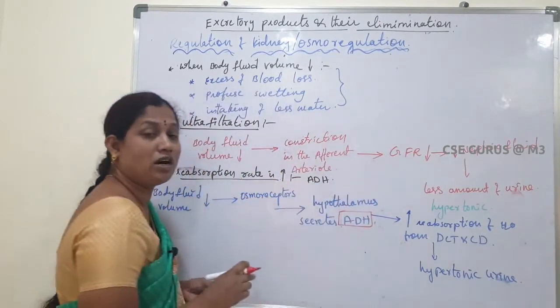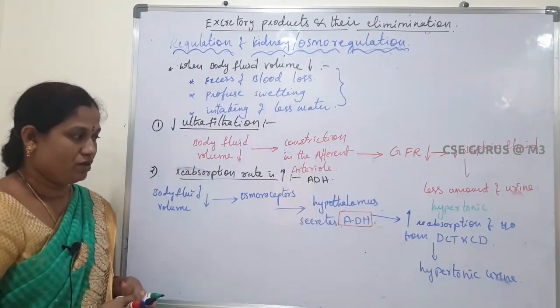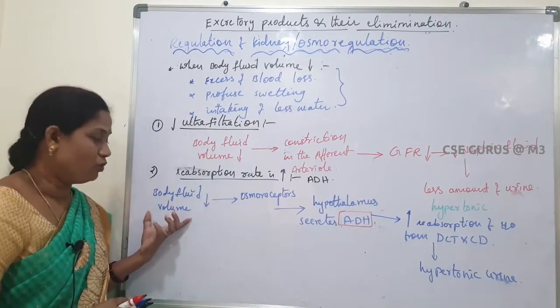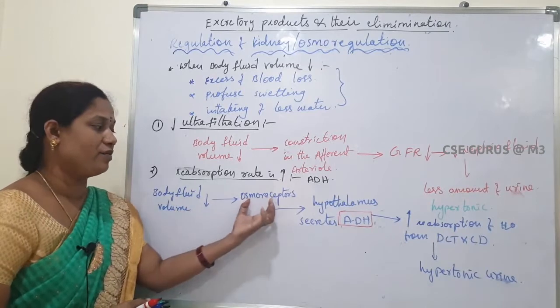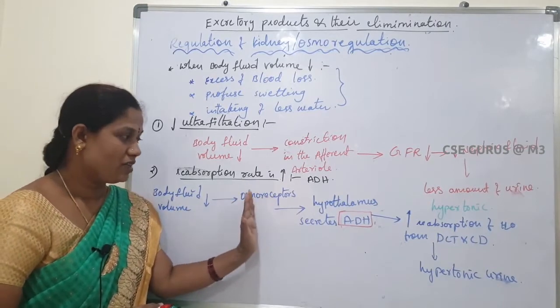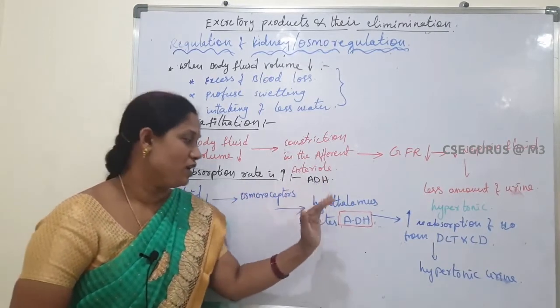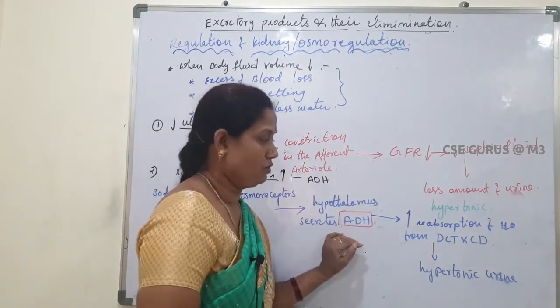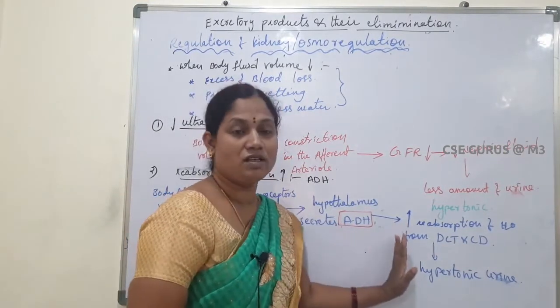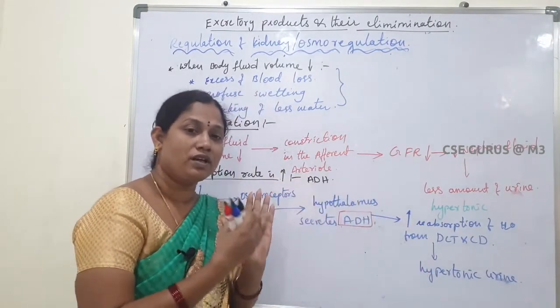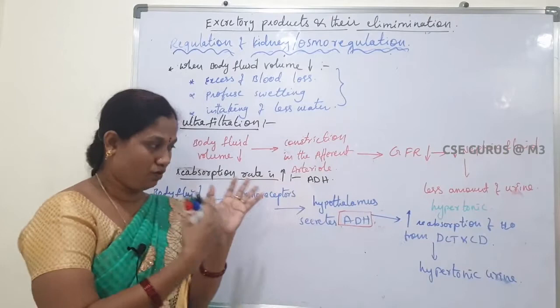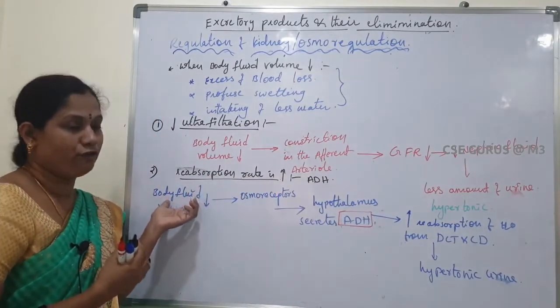ADH plays an important role. Whenever our body fluid volume is decreased, this information is identified by osmoreceptors, and the hypothalamus secretes the ADH hormone. This ADH hormone increases the reabsorption of water, so the excess water is added to the tissues or body fluids.